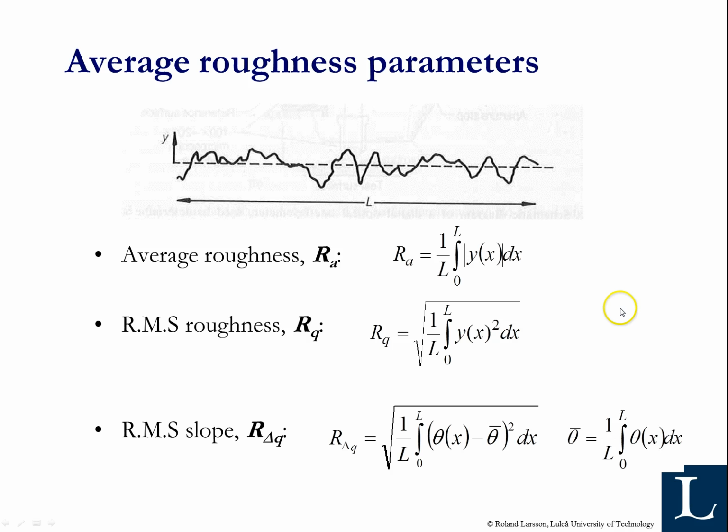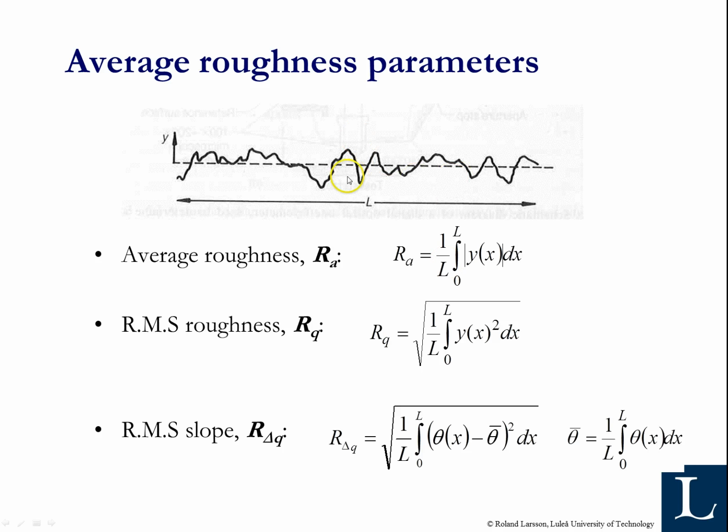If you now have the roughness profile available, then you can start quantifying it in different ways, and the very most common is the Ra, the average roughness, which is actually: you take the absolute value of the roughness profile, and then you compute the average height of that profile.